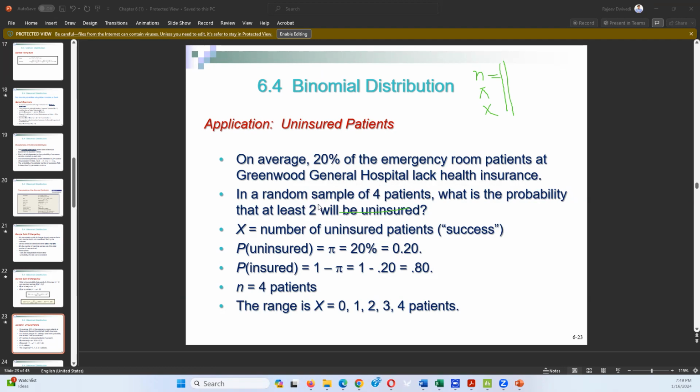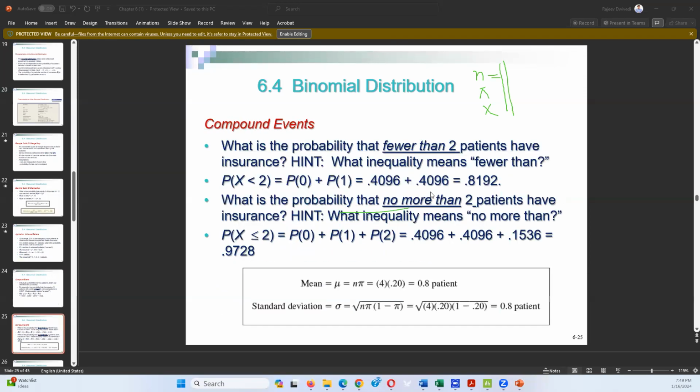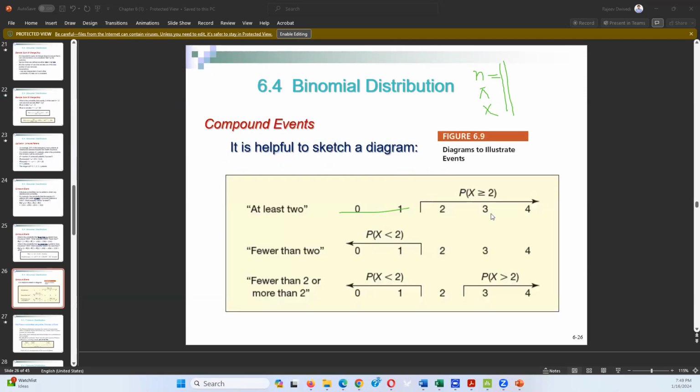Now we have to figure out what is at least, up to, and the other different things. Let me show you the most important slide for compound event probability, slide number 26.